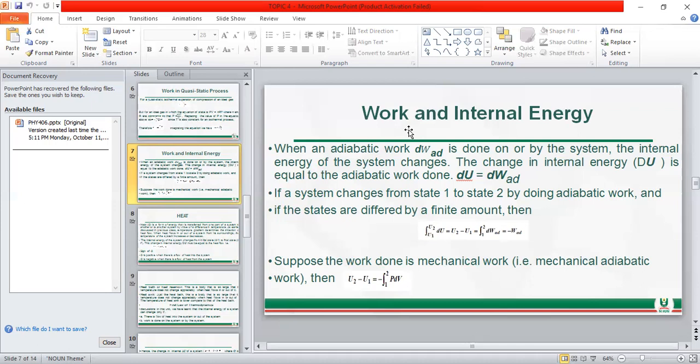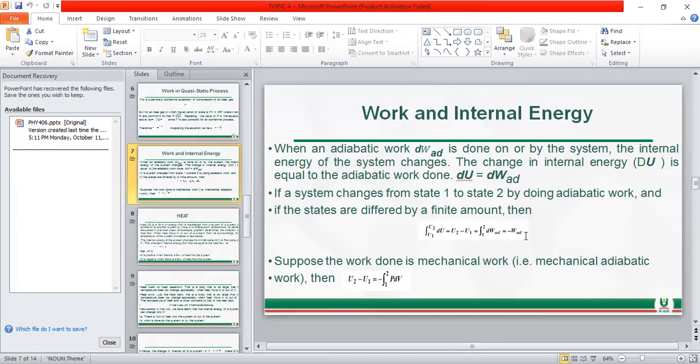Now, if a system changes from state 1 to state 2 by doing adiabatic work, and the states differ by a finite amount, then the work done is the work done in 2 minus the work done in 1, which is equal to the change in adiabatic work done.